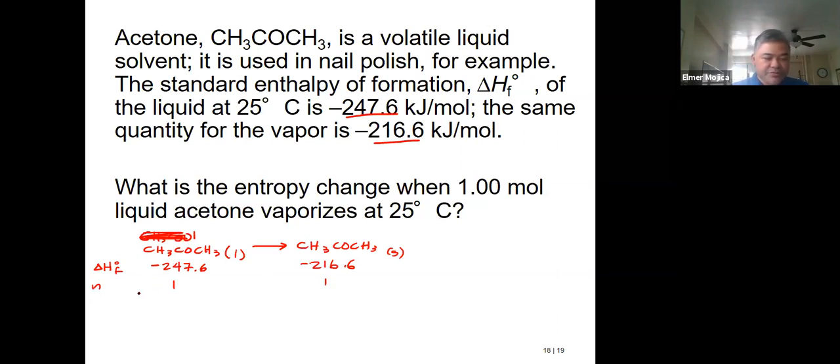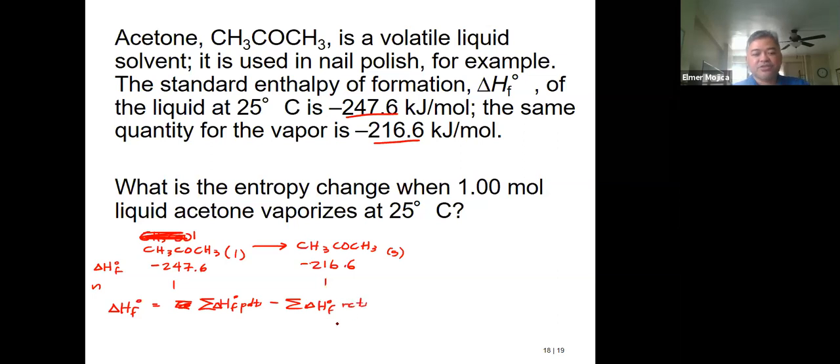So if you're going to do this, delta H is equal to the summation of the delta H of the products minus the summation of the delta H of the reactants.